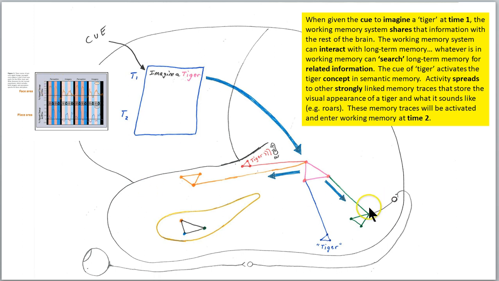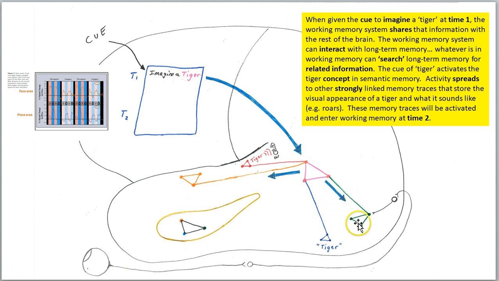So when we're imagining a tiger, we're reactivating some of the visual system to construct the image of a tiger, but the level of activity is not as great as when we're actually seeing a tiger. Most plausibly because if we're not seeing the tiger, then we don't have all those visual inputs to the visual cortex. So we have reduced activation of the visual system, but nevertheless, we're reactivating the visual system when we create an image of a tiger.